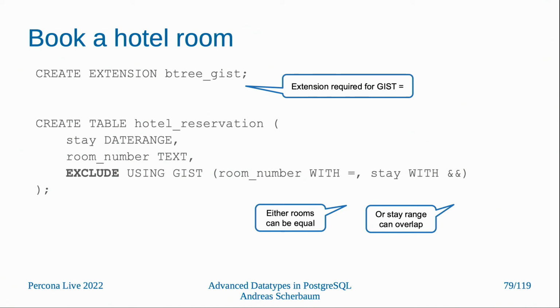I have my room reservation table here. The stay is the date range, so someone wants to stay in a room from this date to this date. Couple days, 1 day, 1 night. The room number, of course. And then I can add my constraint here, exclude. If the room number is equal, there should be no overlap in the stay. So we exclude this too.